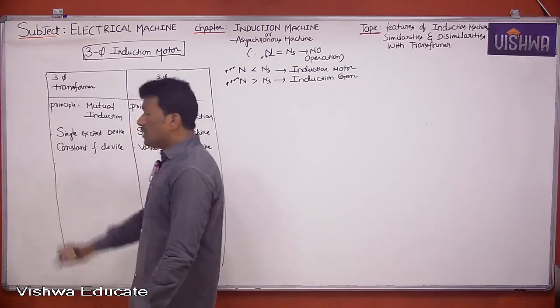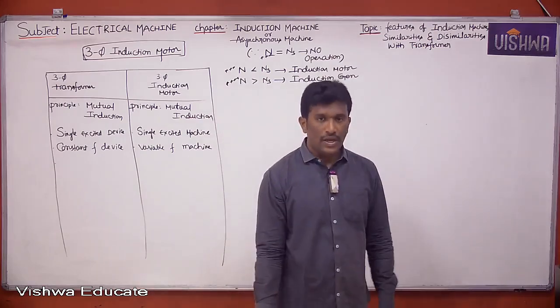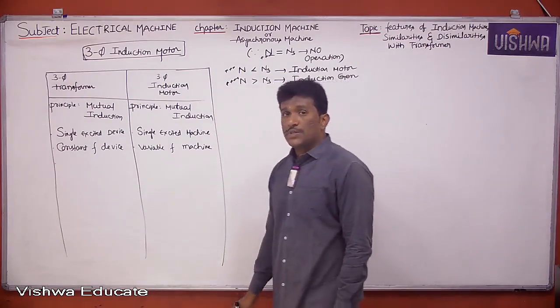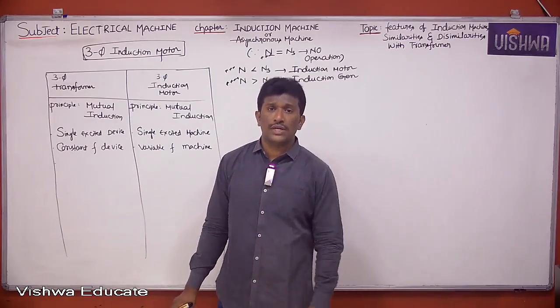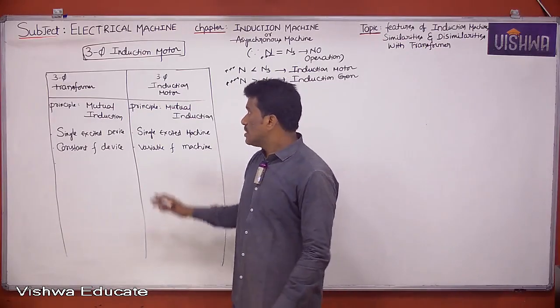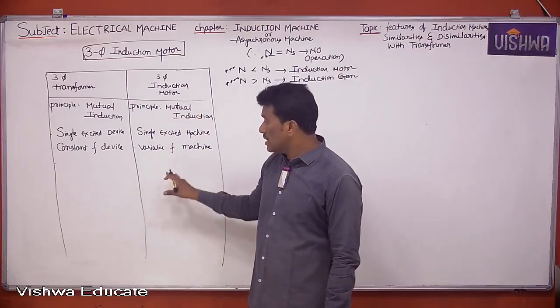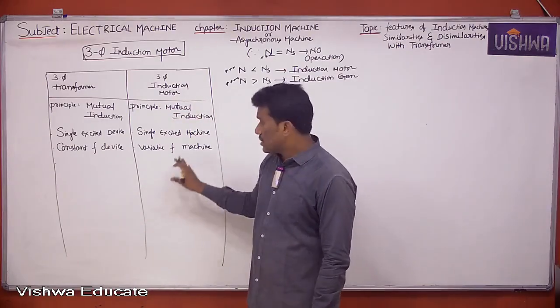A transformer is a constant flux device. I told you already, irrespective of your load changes, you will maintain a core flux constant in a transformer. Similarly, an induction motor is also a constant flux machine.